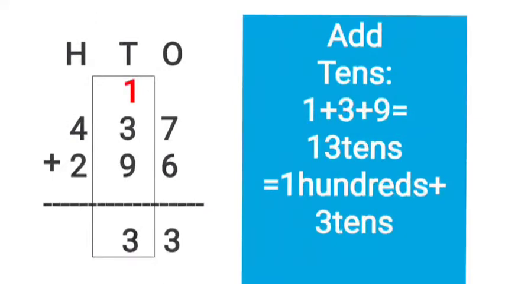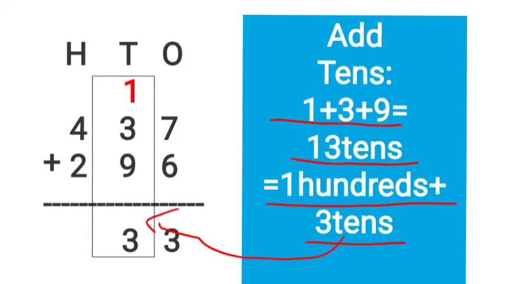Now we will add tens, which is 1 plus 3 plus 9, equal to 13 tens. 13 tens can be regrouped as 100 and 3 tens. 3 will go in the tens column and 1 will be carried to the hundreds column.